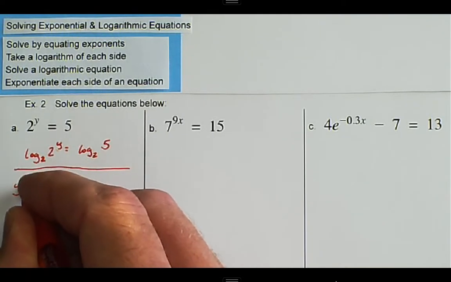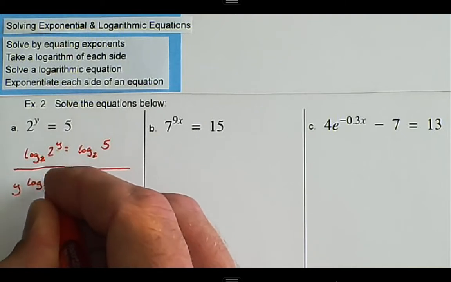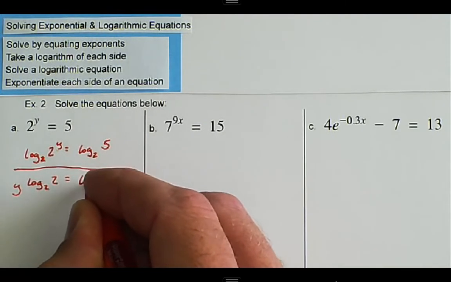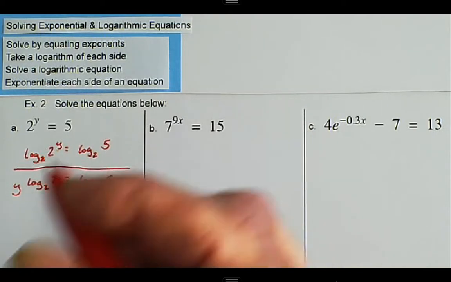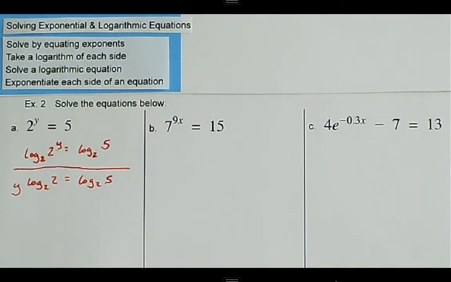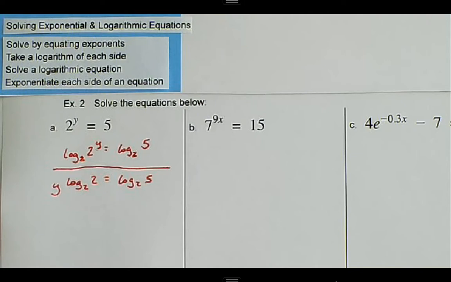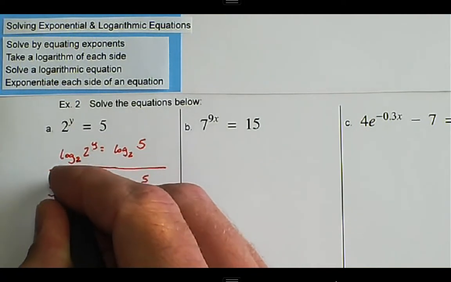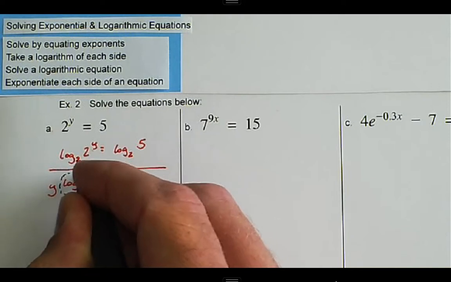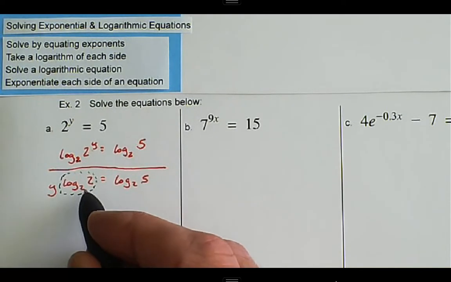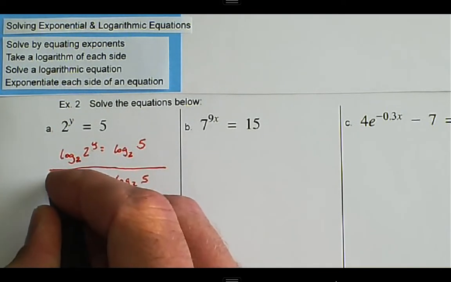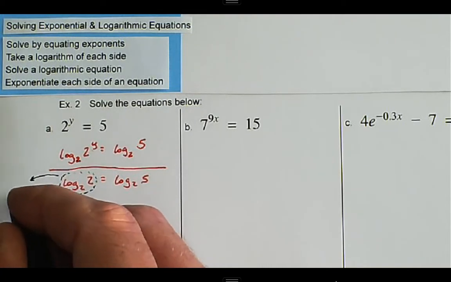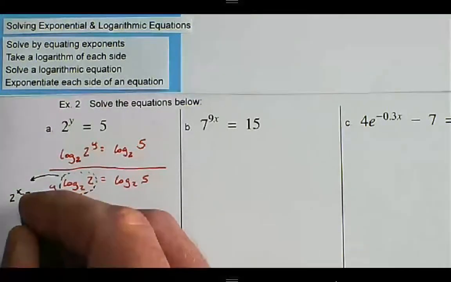So y times log base 2 of 2 is equal to log base 2 of 5. Now, one thing that we can take a look at, log base 2 of 2, what does that mean? Well, if you write this in exponential form, what it says is 2 raised to the x power equals 2.